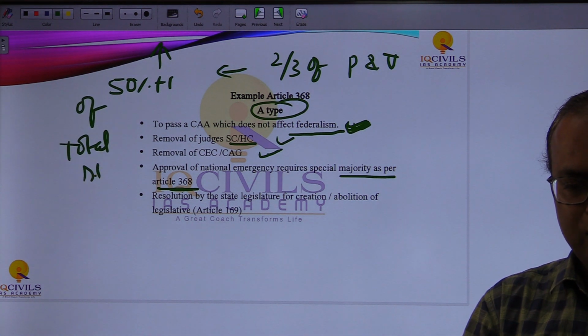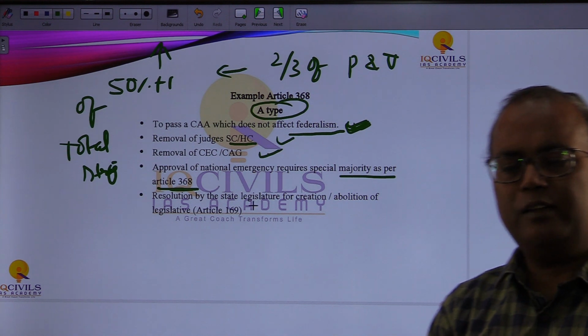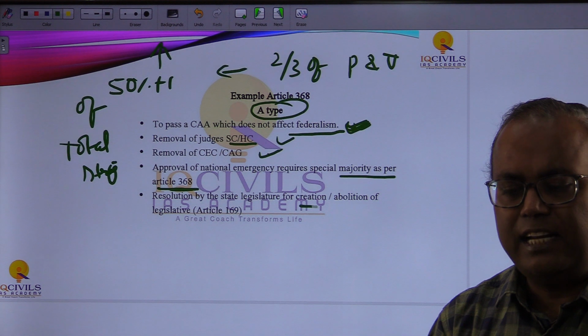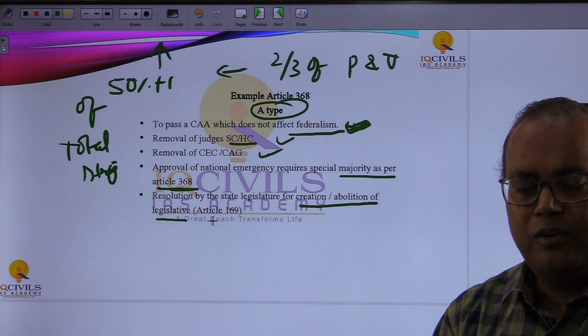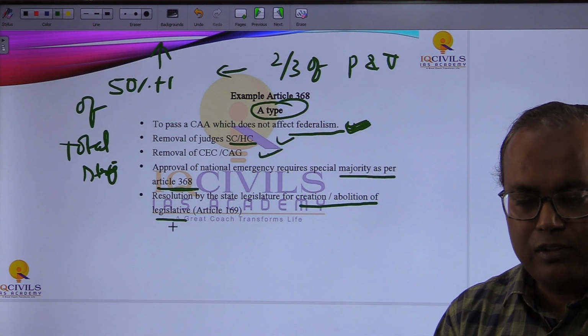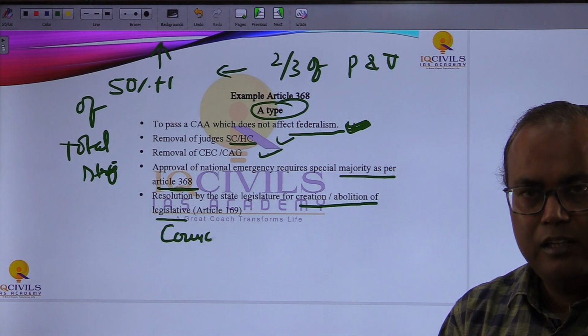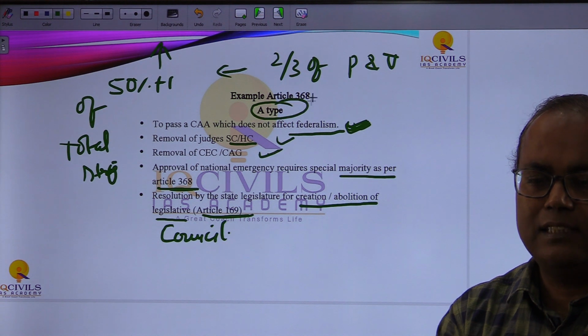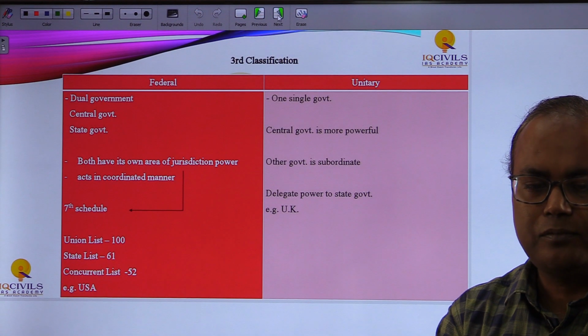Okay. So even a resolution by the state legislature for creation and abolition of the legislative council under Article 169 requires this type.